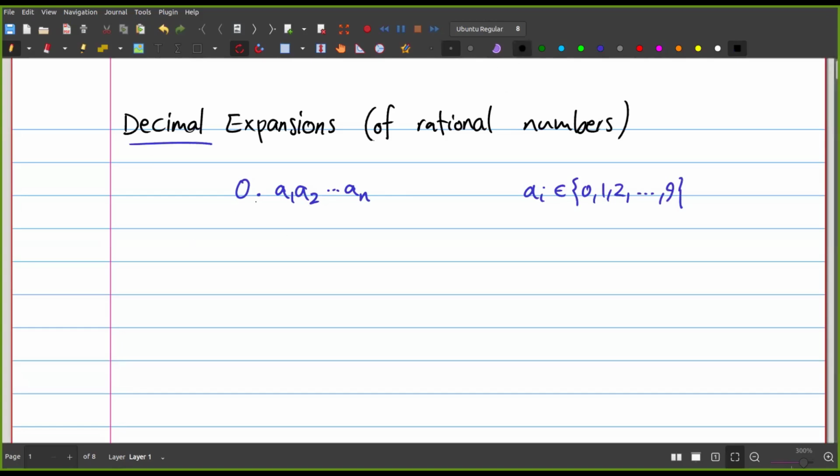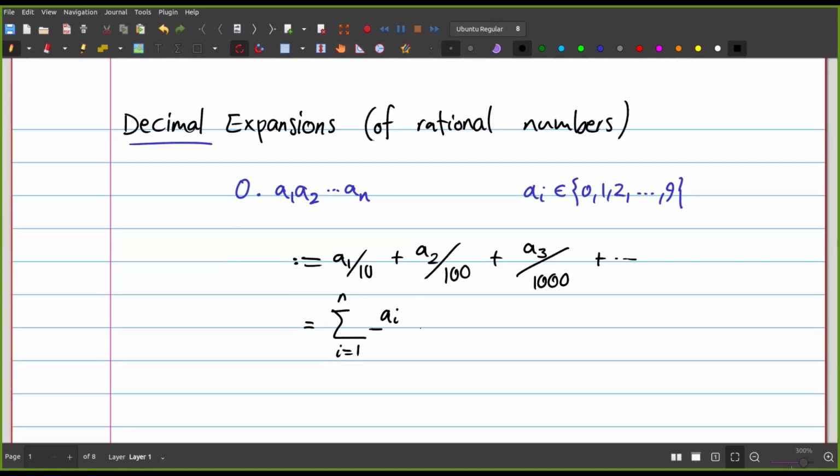Well, the meaning that I'm going to assign to this is that this is just A1 divided by 10 plus A2 divided by 100 plus A3 divided by 1,000, so on. So in general, I can say that this is the sum of I from 1 to n of AI over 10 to the power of I, okay? And this is called the decimal expansion.